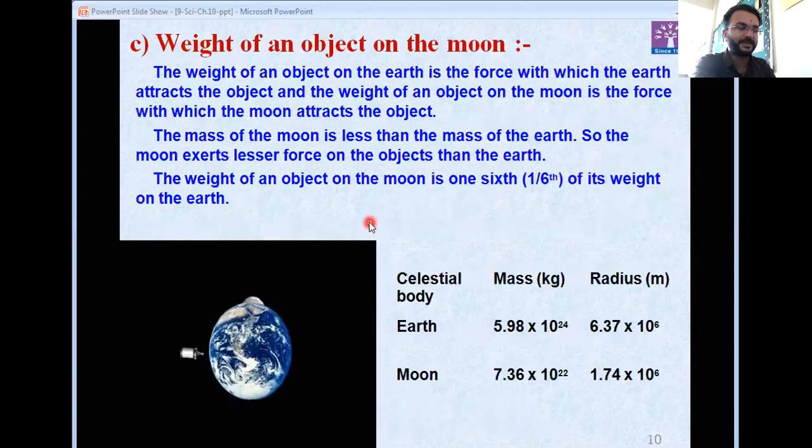Moving on to the next topic. The weight of an object on the earth is the force with which the earth attracts the object, and the weight of an object on the moon is the force with which the moon attracts the object.